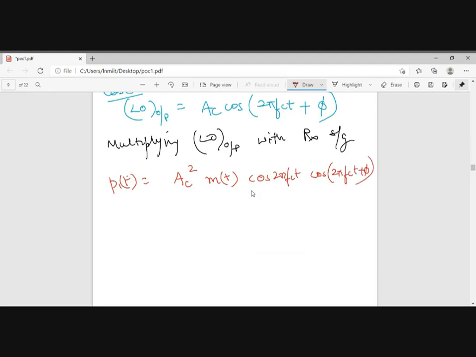When you multiply them, you get Ac²/2 m(t) times an addition as well as a subtraction term.